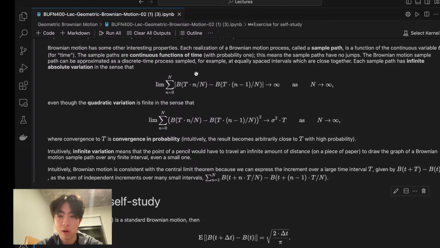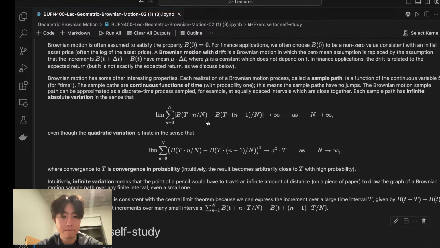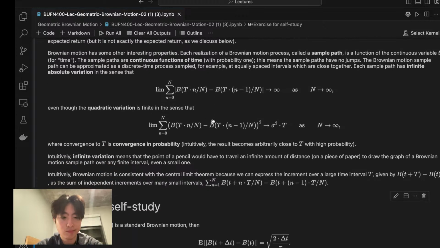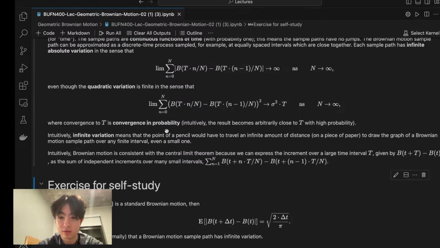So intuitively, infinite variation means that the point of a pencil would have to travel an infinite amount of distance on a piece of paper to draw the graph of a Brownian motion sample over any finite interval, even a small one.